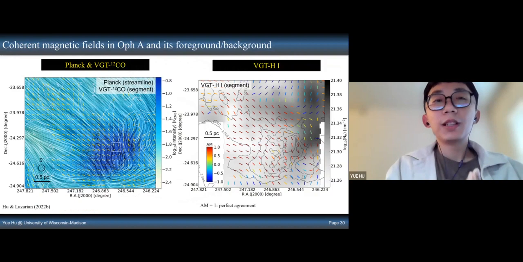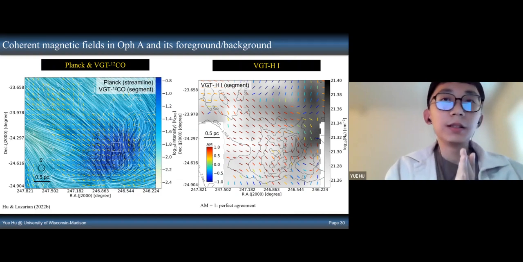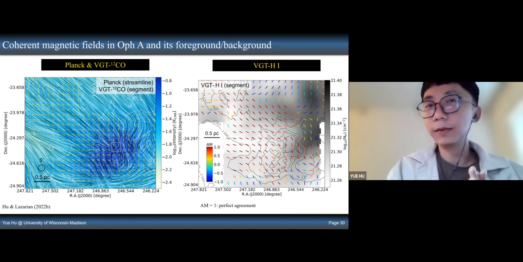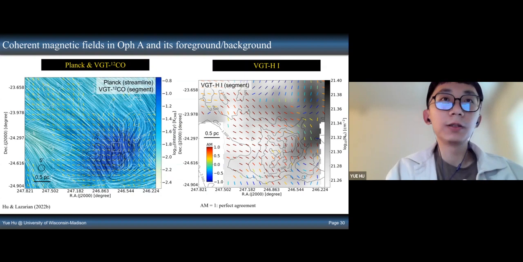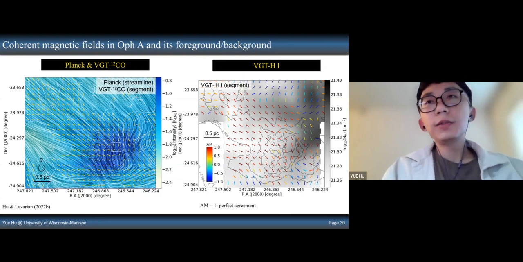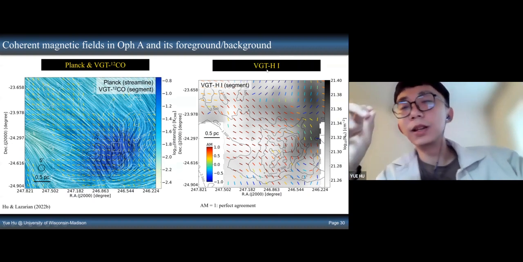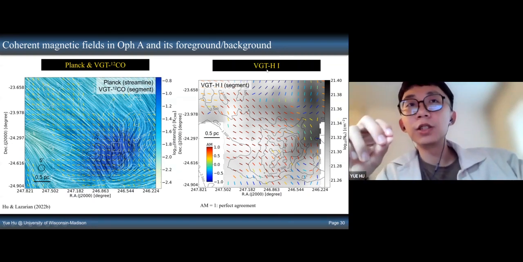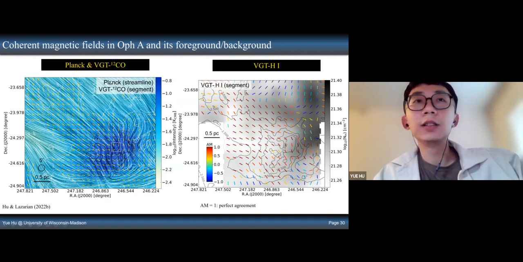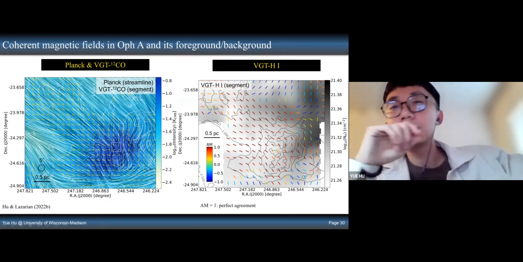And if you remember the Ophiuchus molecular cloud I talked about before, here we also applied the velocity gradient to the Ophiuchus cloud. Interestingly, we applied it to the HI emission, which could trace the magnetic field in the foreground region, and also to the 12CO, and also compared with Planck polarization.